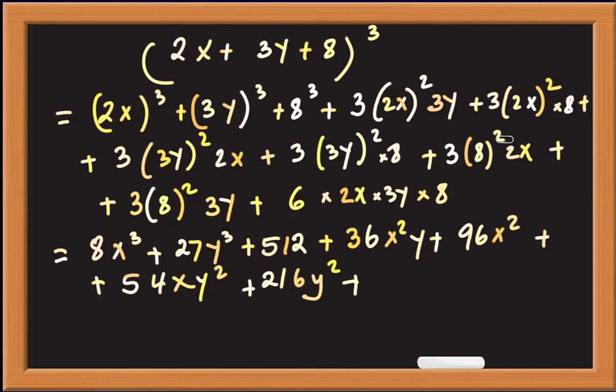Plus 64 times 6 is 384 x, because we have 64 times 6, 6 times 6, so 384. And then the next one, we get 9 times 64.